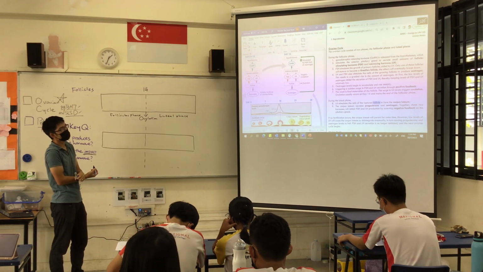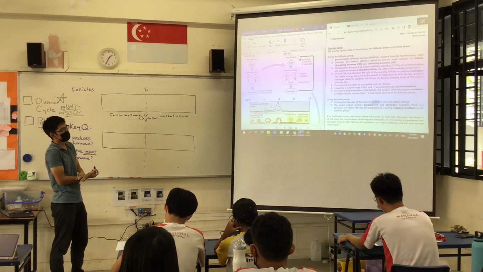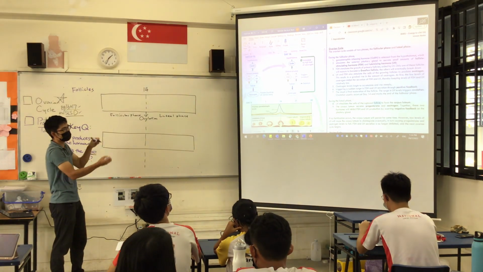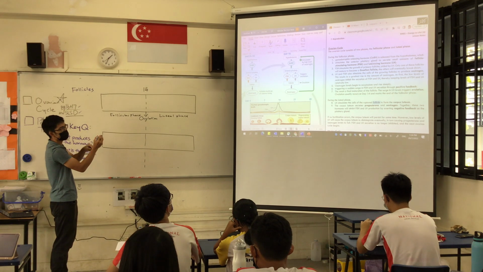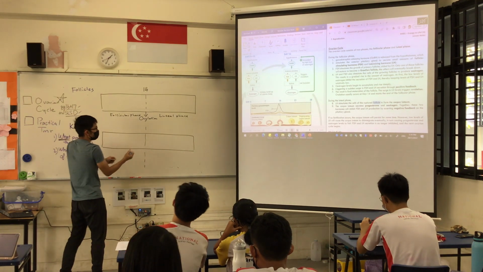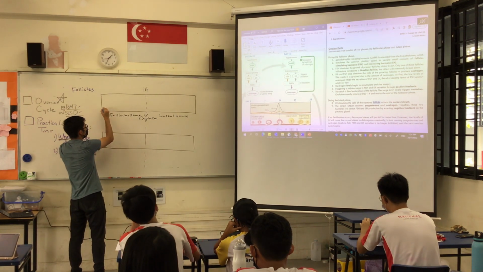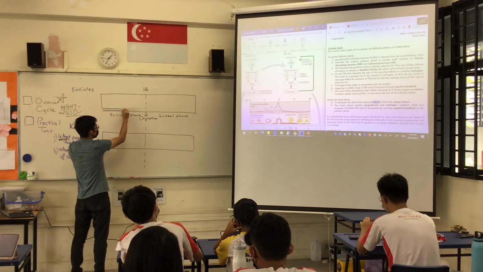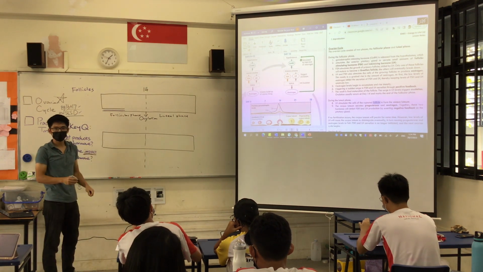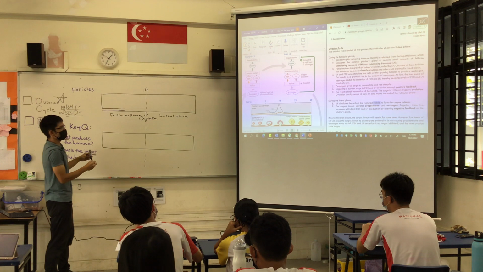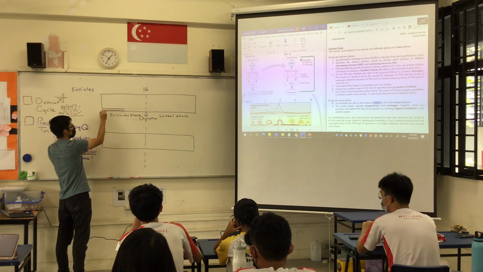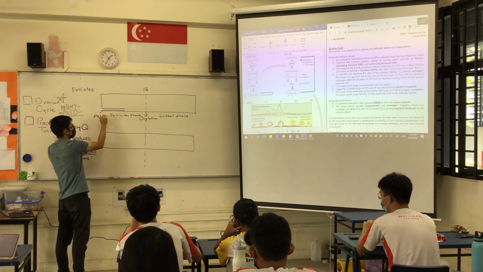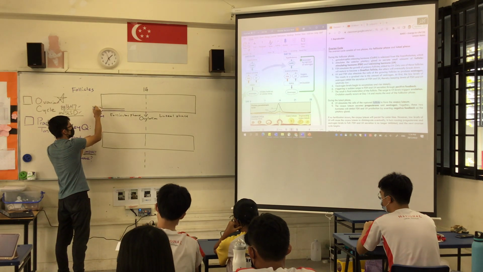I'm going to draw sentence number 2. It says that the anterior pituitary gland secretes small amounts of FSH and LH. Small amounts. That's why you find the start is quite low. Let purple be FSH. Then let this be LH.